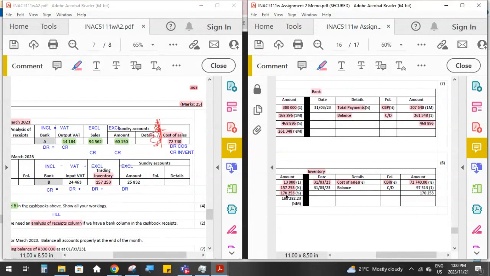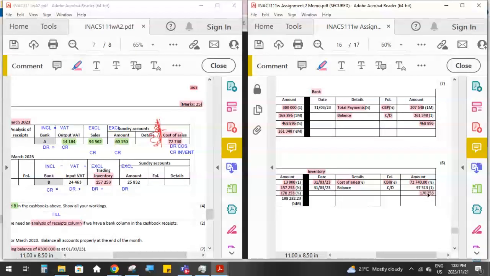So my debits are more than my credits, so I write 172,53 down on the left-hand side, and on the same line, I also write it on the right-hand side. You'll see that must always be on the same line so that I can see that this is my balancing workings, and that will always then leave a space between the total credits and, in this case, my total debits.